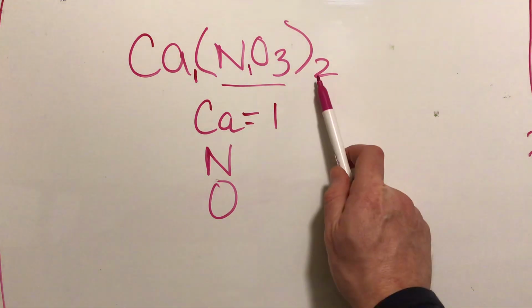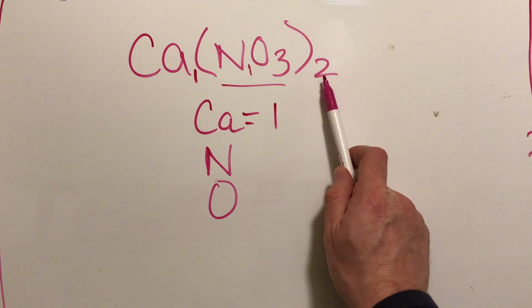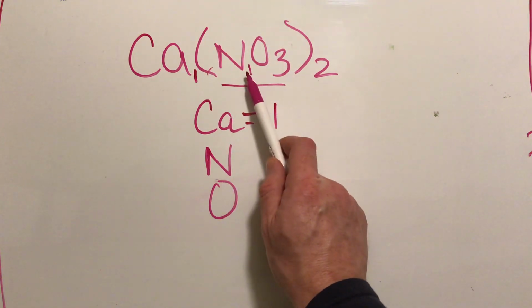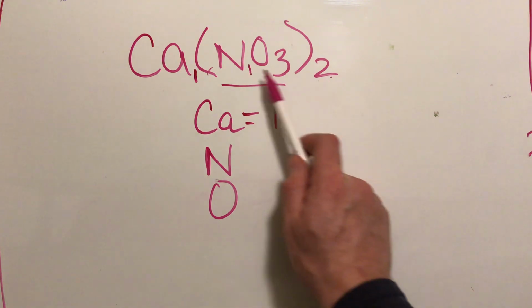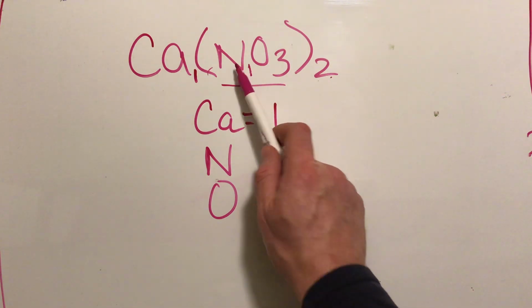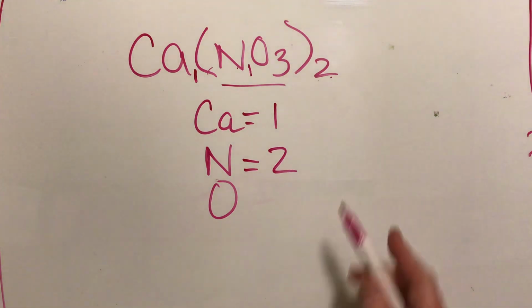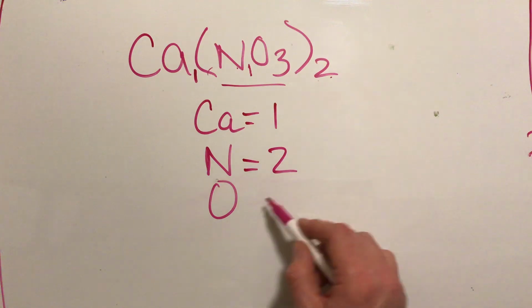But whatever's in that brackets, I have to double. So this 2 applies to the stuff inside the brackets here, not the calcium, it's outside. So now 2 times 1 is 2 nitrogens. And for the oxygen, I have 3 inside. I double that, I'll get 6.